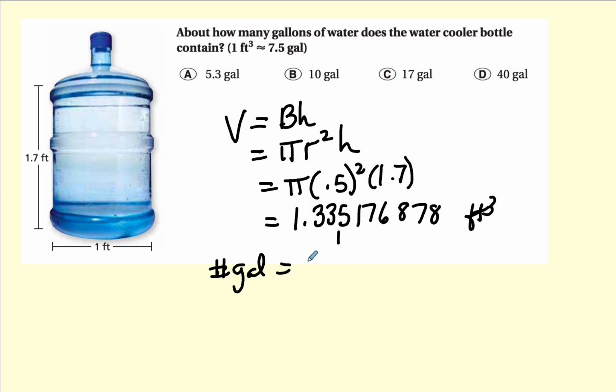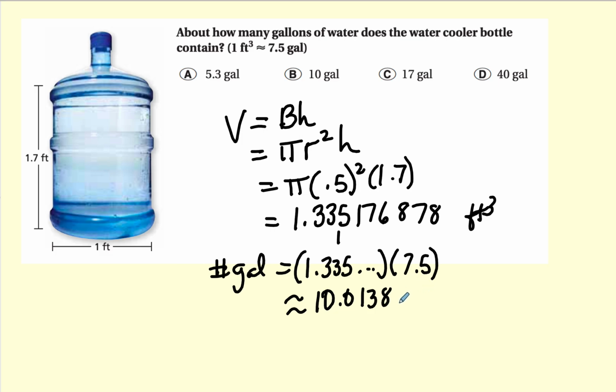So I'm going to move that number down here, and I already have it in my calculator, 1.335 and all of those numbers, and then I'm going to times it by 7.5. I'm going to get approximately 10.0138, and there's no more numbers that go, but the best answer out of all offered is this one. So this is about 10 gallons of water.